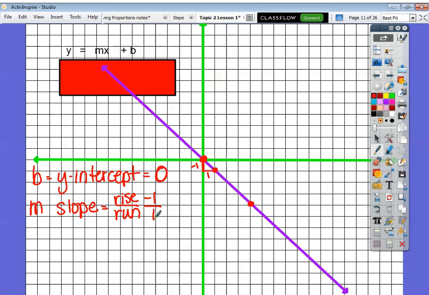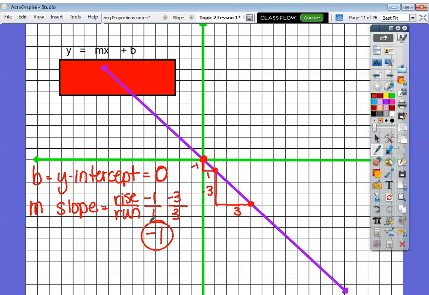Let's do this one too. I go down 1, 2, 3, so that's a -3. Right 1, 2, 3, that's a +3. Both of these, if you reduce them down, reduce to a -1.